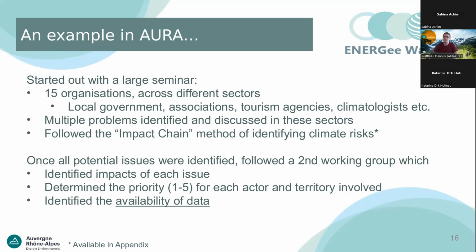Once we had the results from this first working group, which was at a very large scale, we reduced the size of the working group and took some people from all these sectors to specify for each issue which impacts were the most relevant and the most likely to happen.